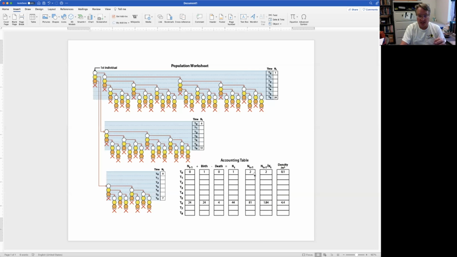So in this case here, the population size at t1 divided by the population size at t0. That's where that 2 comes from. You can do the same thing here. This will be the population size at t2 divided by the population size at t1. And you can do that all the way down here. Okay, so why are we doing this? This is actually a way to estimate growth rate.